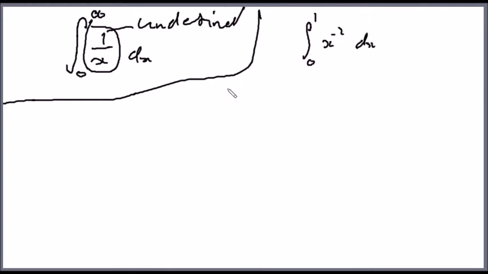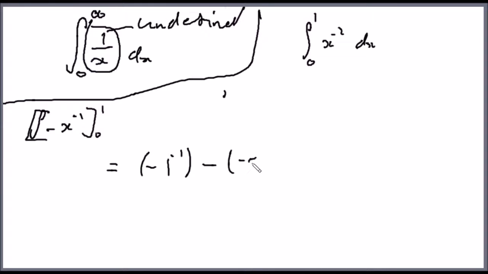Just using the laws of integration, add one to the power and divide by the new power, that equals minus x to the power of minus 1 with the limits 1 and 0. That's how you write the limits, by the way, that's the notation for limits. So that's equal to minus 1 to the power of minus 1 minus 0 to the power of minus 1.